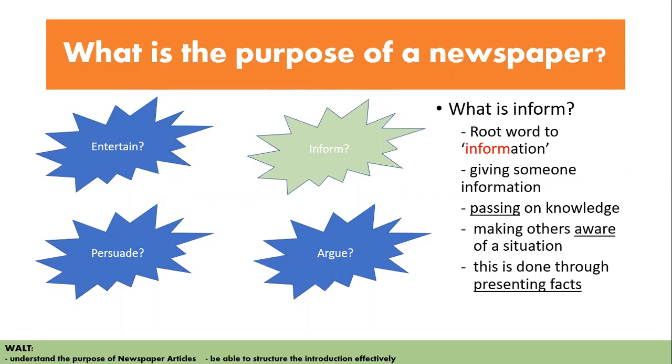So that's to pass on knowledge, make others aware of a situation, or present facts. So think about how a newspaper is used to tell other people things that they didn't know before, or give them more information on stories that are breaking or changing.